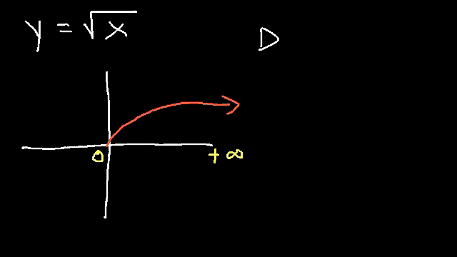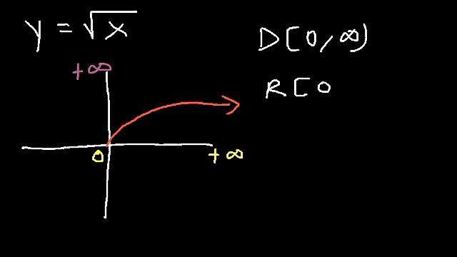So the domain is from 0 to infinity. Now, it includes 0, because if you plug in 0, the square root of 0 is 0. Looking at the range, the lowest y value is 0, the highest is infinity. So the range is also from 0 to infinity. Now, it can vary as well based on the transformations of this graph. But for this particular parent function, that's the domain and range.